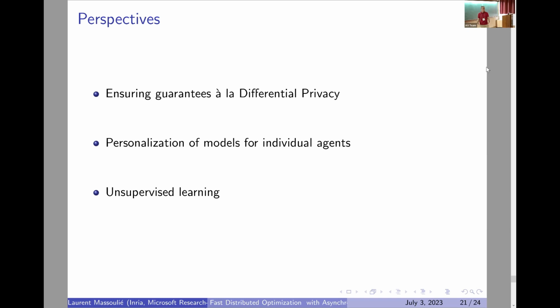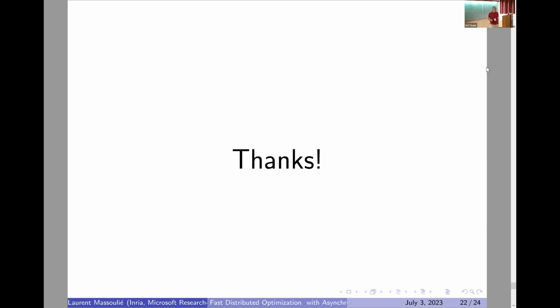And you can speed up the early stages of the training, even if you are going for a model that is targeted to your own data rather than a common model. Unsupervised learning is also a rich mine of problems in that space. Okay, and I'll stop here.